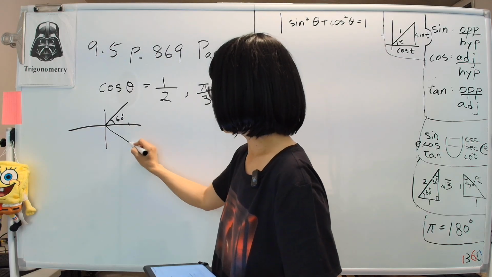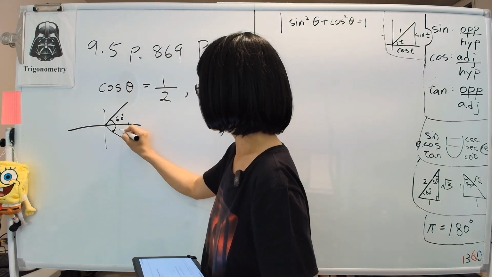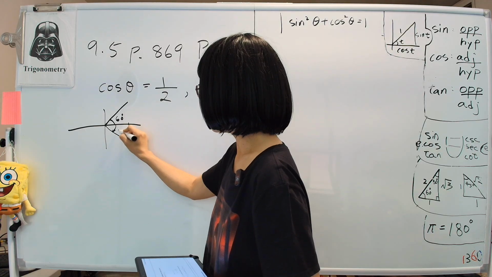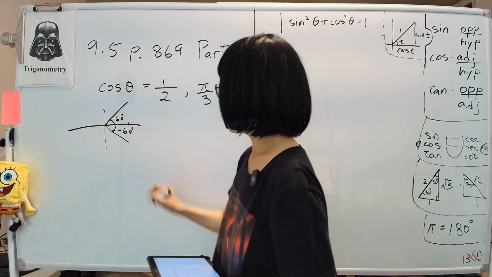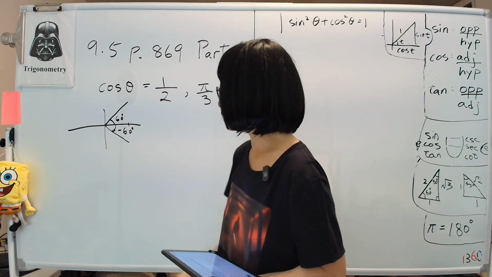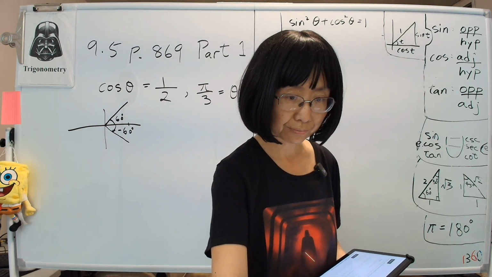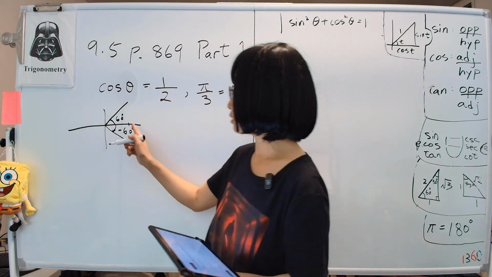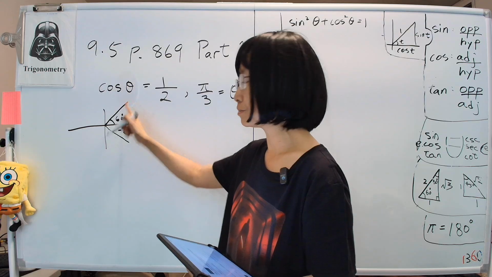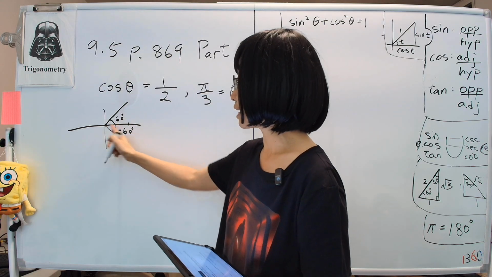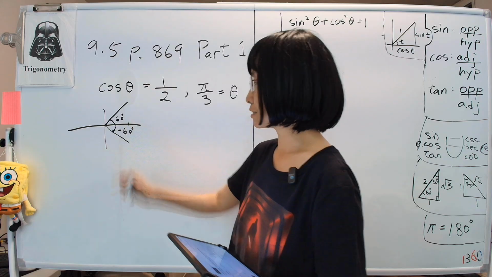It is this one, where the x value is also positive, where the angle goes down this way. This is negative 60 degrees, and for that one, the cosine is also equal to positive 1/2. The reason is because cosine only cares about the x-axis. The hypotenuse doesn't have a sign. Whether you go down or up, the x value is positive.